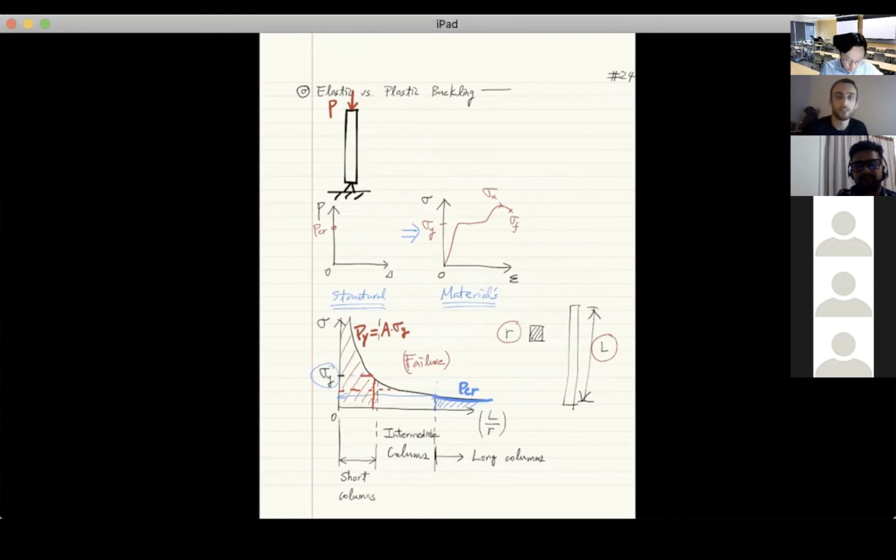In fact, when I draw these lines, they are more conceptual. The condition for the short column should be, let me just clean up this one. Realistically speaking, materials will fail beyond yielding, so the materials cannot take anything above the yield stress, correct?